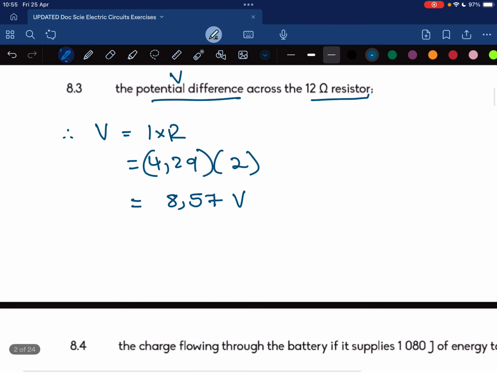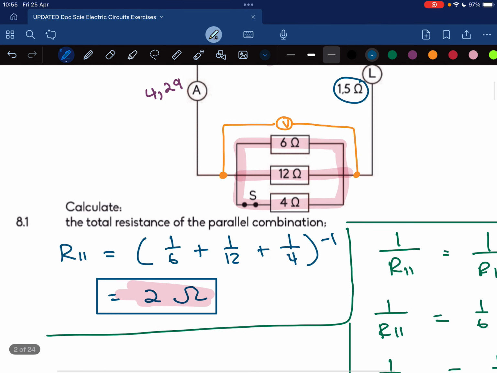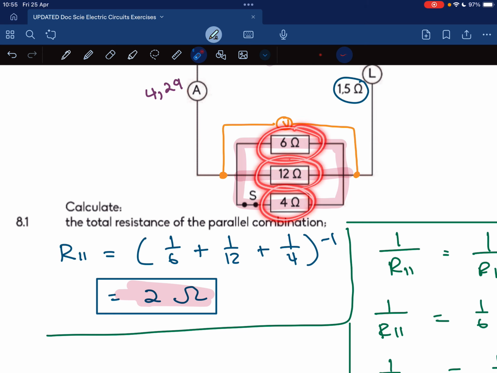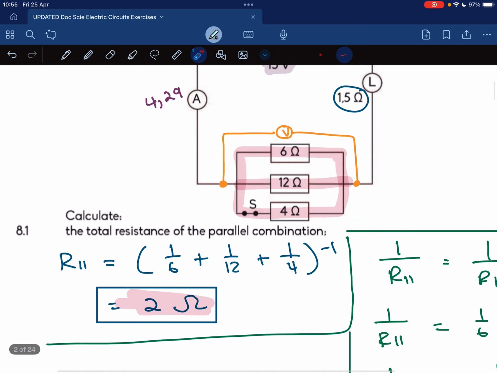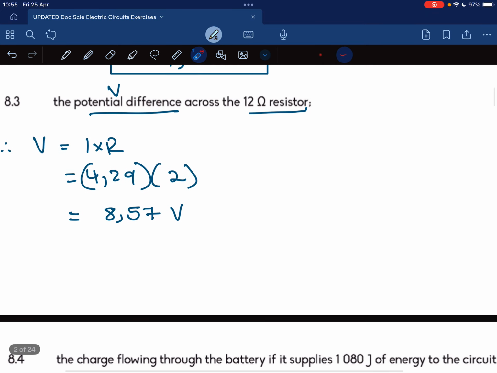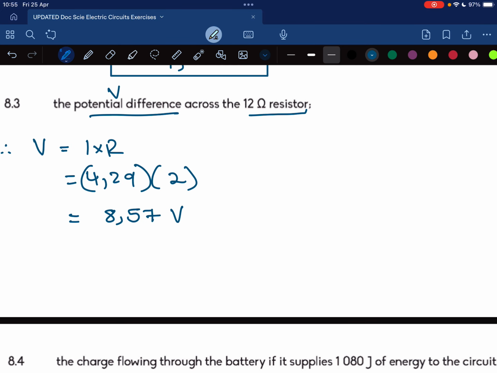If it's 8.57 volts through the one resistor, it's the same for all of them because that is how it works. So therefore the voltage across the 12 ohm resistor is equal to 8.57 volts.